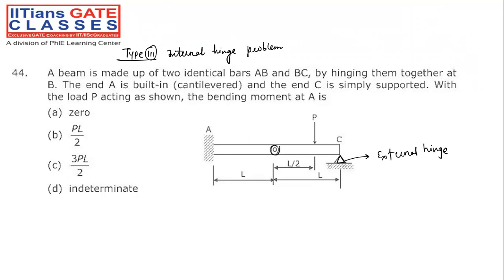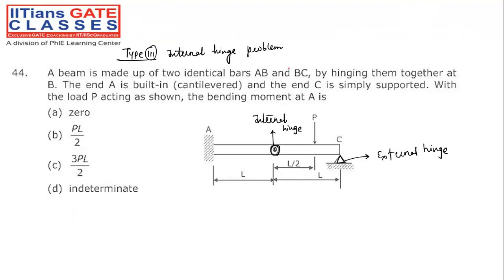This particular pin support you are observing, this particular pin, this is nothing but the internal hinge. Try understanding what I'm saying to you. Understanding the subject, getting the answer, qualifying the GATE examination is something else, but fundamental understanding of the subject is very, very important.